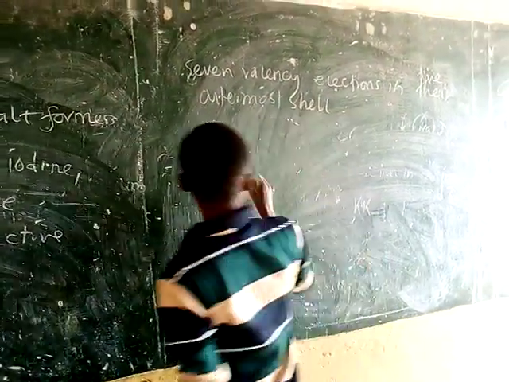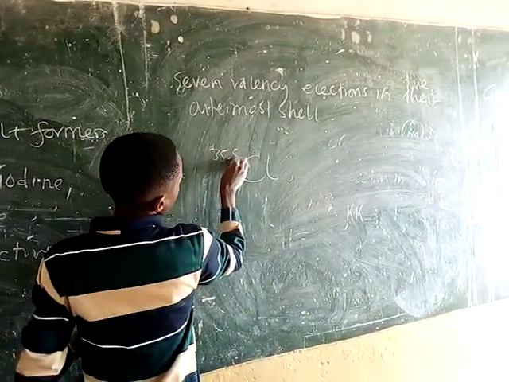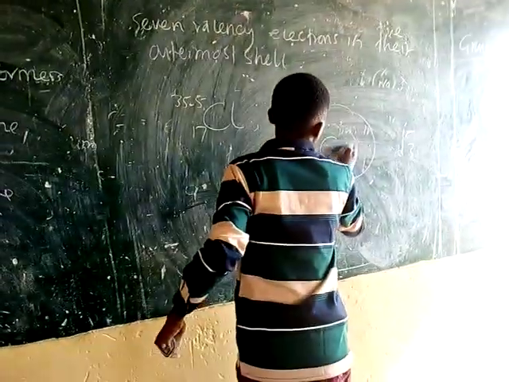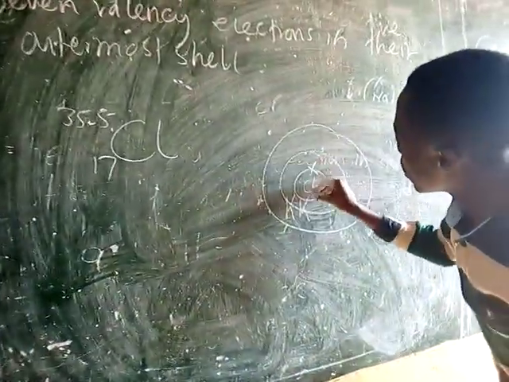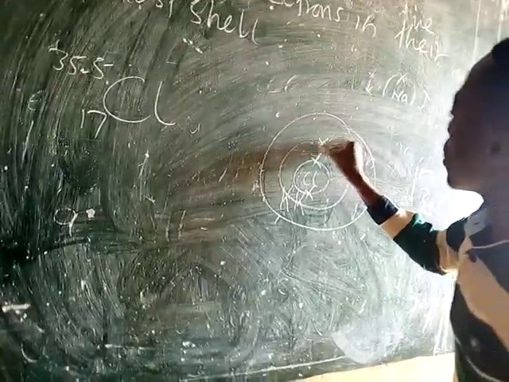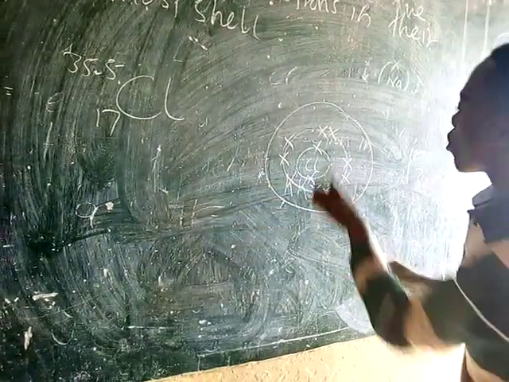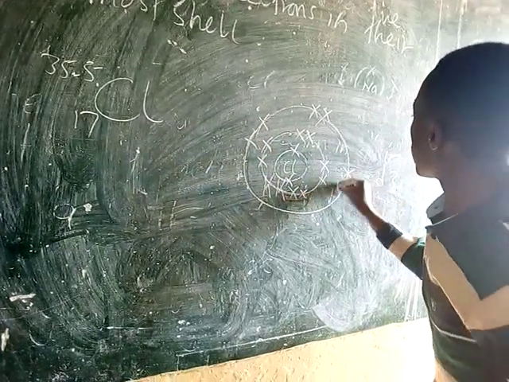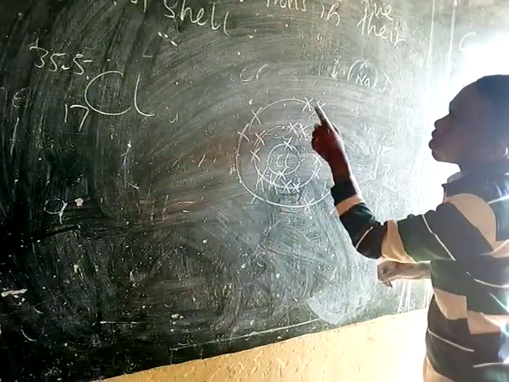For example, chlorine has an atomic number of 17 and a mass number of 35.5. If I draw the electronic structure for chlorine, you are going to discover that it accommodates 2 electrons in the first shell. In the second shell, it accommodates 8 electrons, making a total of 10, plus the remaining 7 in the outermost shell. So chlorine has 7 valence electrons in the outermost shell.